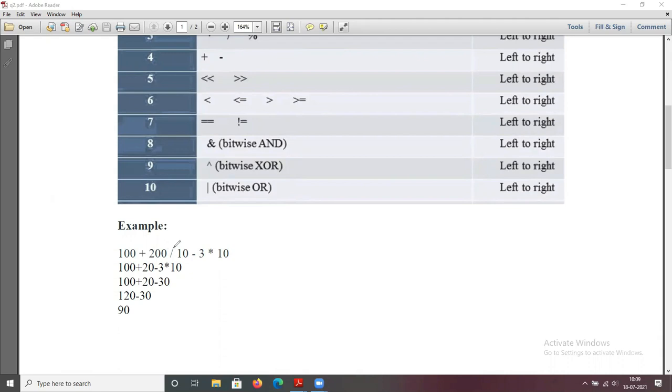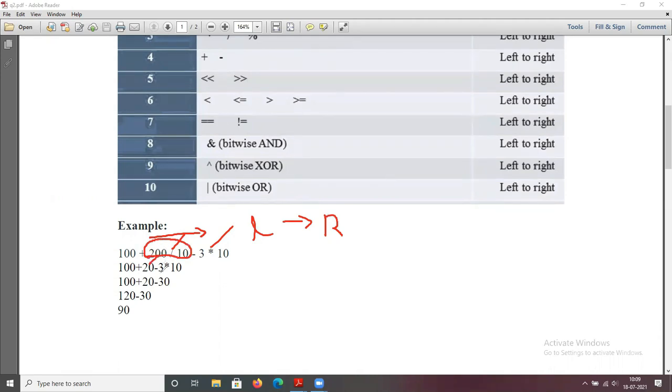Now, the highest precedence is division and multiplication, but division and multiplication have the same precedence, so the associativity is left to right. First you evaluate 200 by 10, that means 20.